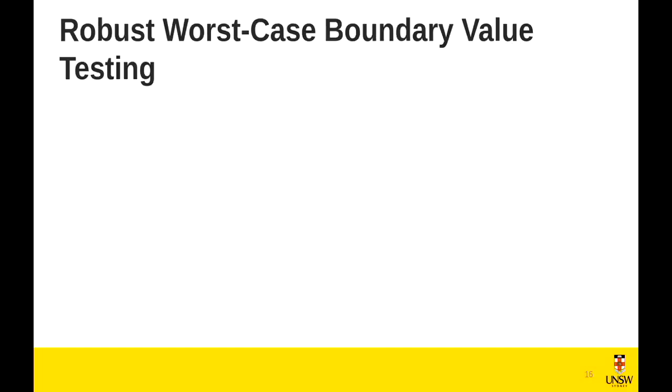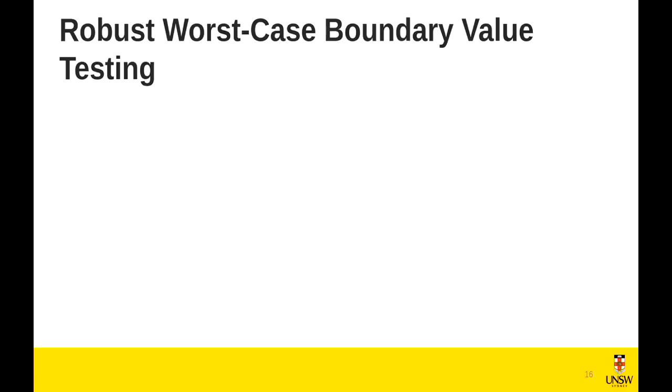And what if we combine the term robust and worst case together, which means that we don't have the assumption of single fault. So we allow multiple variables to take extreme values. And for robust, it means that we need to have some invalid inputs.